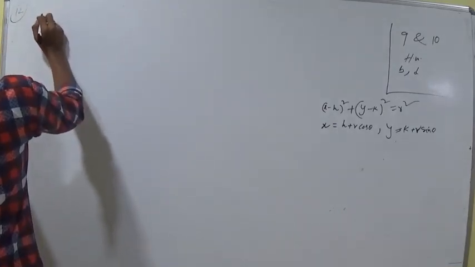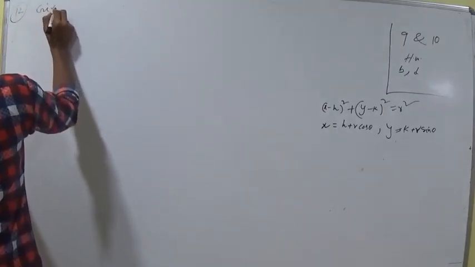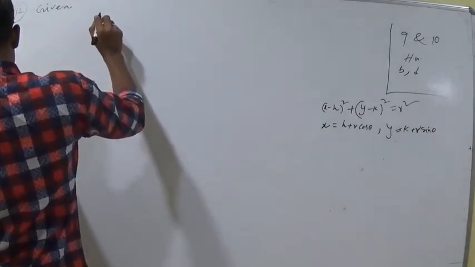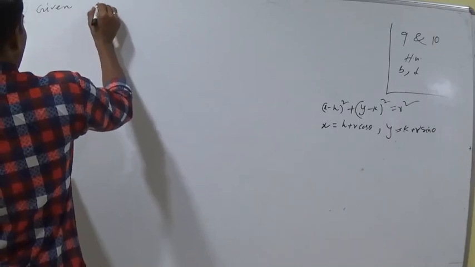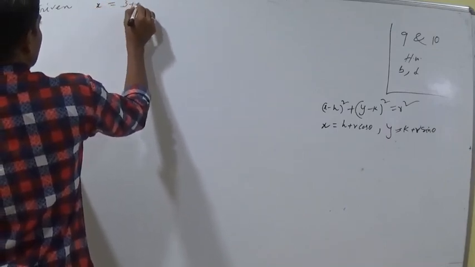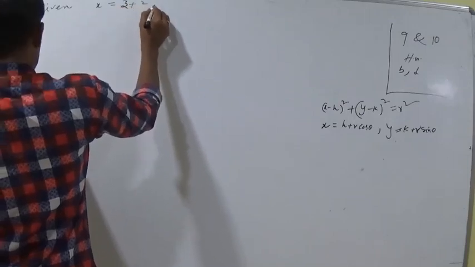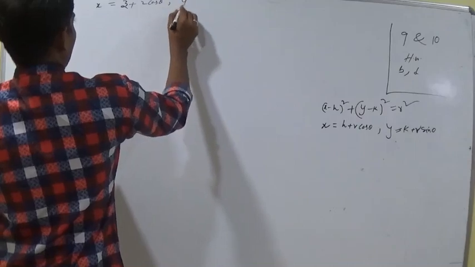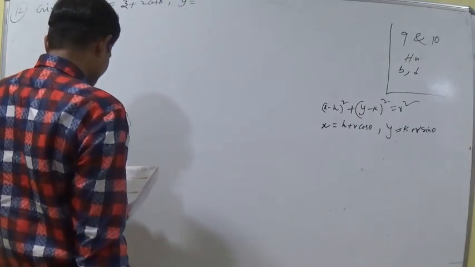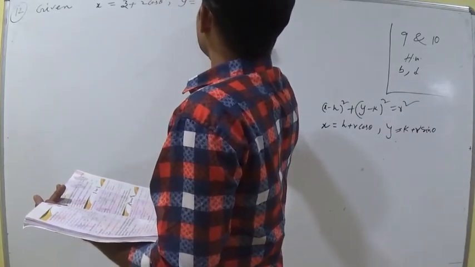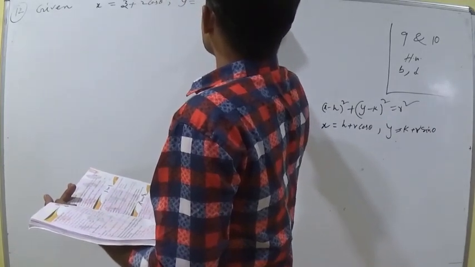Given x equal to 3 plus 2 cos theta, y equal to 5 plus 2 sin theta.